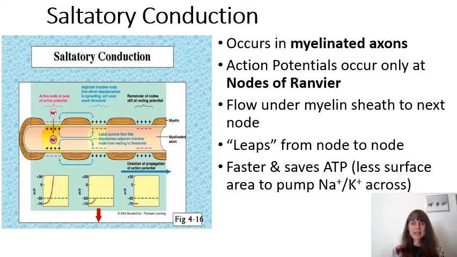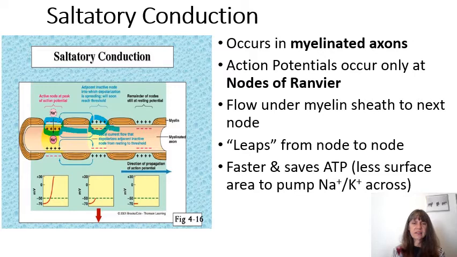With myelinated axons in the peripheral nervous system, where we have these little nodes of Ranvier or myelin sheath gaps, the only portion of the axon that is required to undergo depolarization is here at the node of Ranvier. From there, the electrical current can simply flow to the next node of Ranvier, where depolarization will occur.